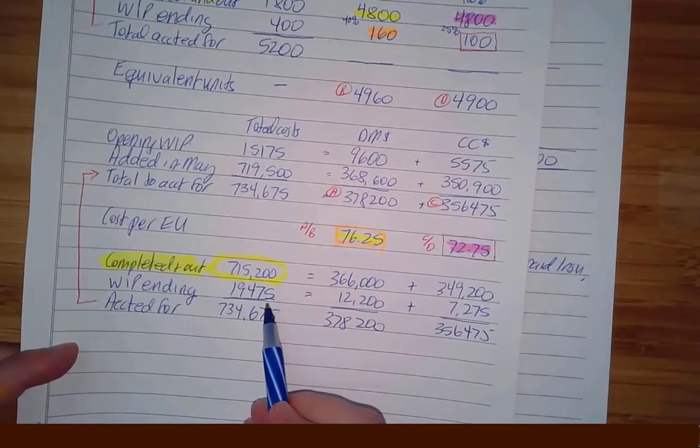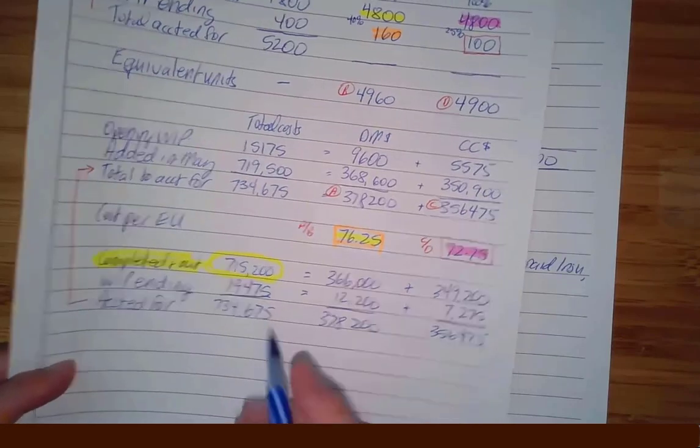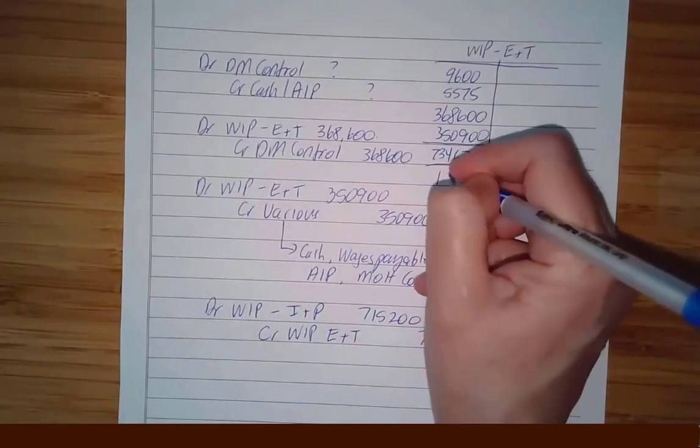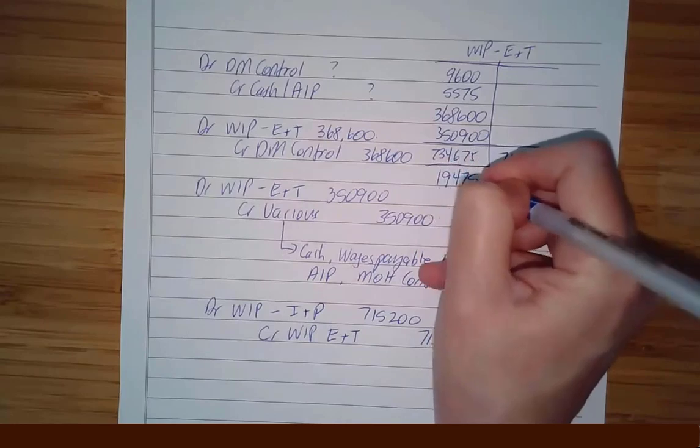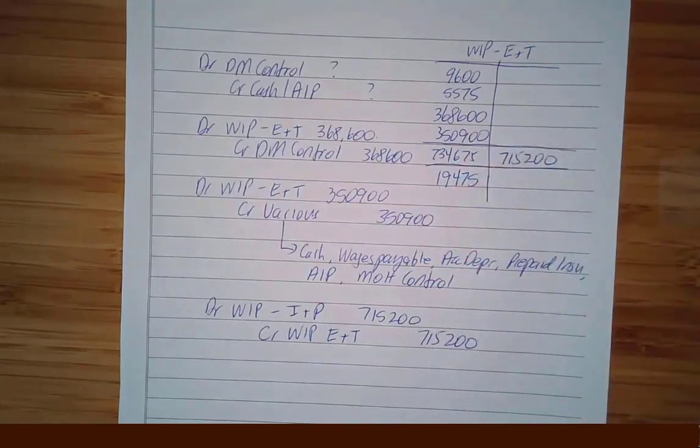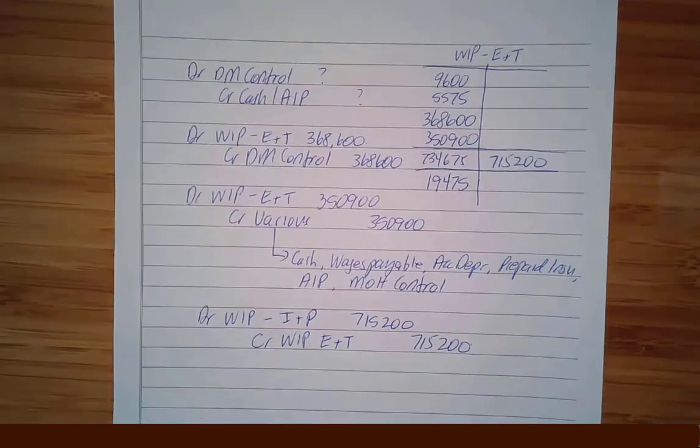This is going to be the amount that's left over, 19,475. Now I could do the addition, but I know it's going to be 19,475.